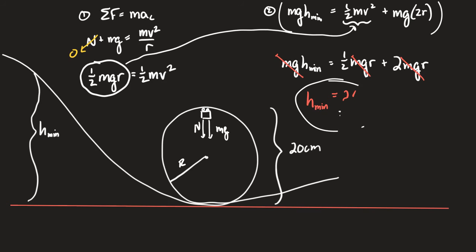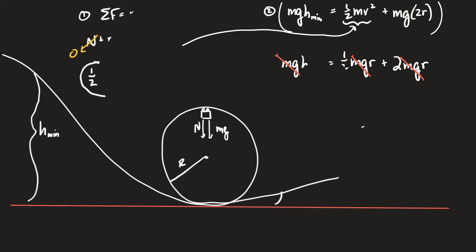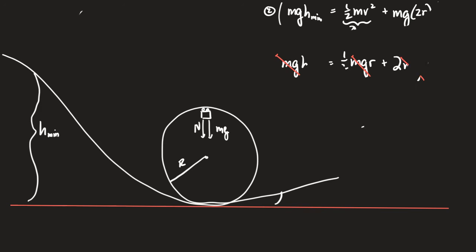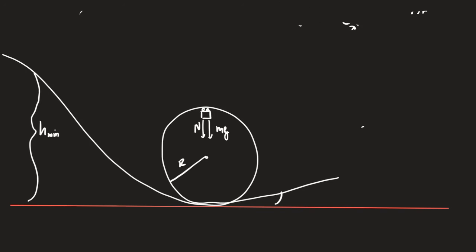To give you an idea of what I'm expecting, let's take a look at this from the standpoint of a real roller coaster and how it might be different than what we're anticipating. You see, this theoretical garbage assumes that our roller coaster cars, A, defy physics because they experience no friction and no air resistance, that they are perfect point masses, and that the track can give infinite amounts of normal force when necessary.